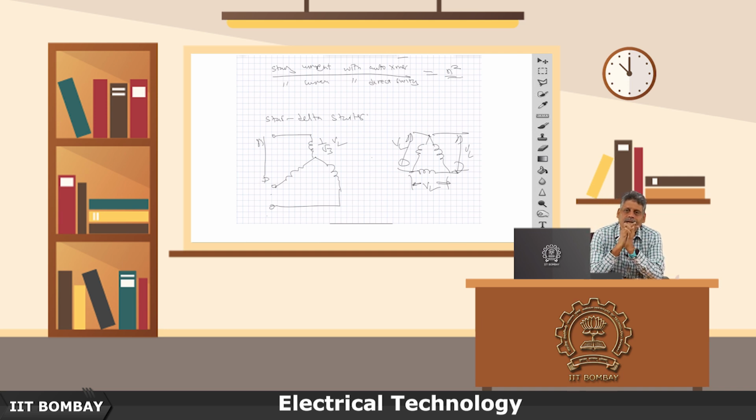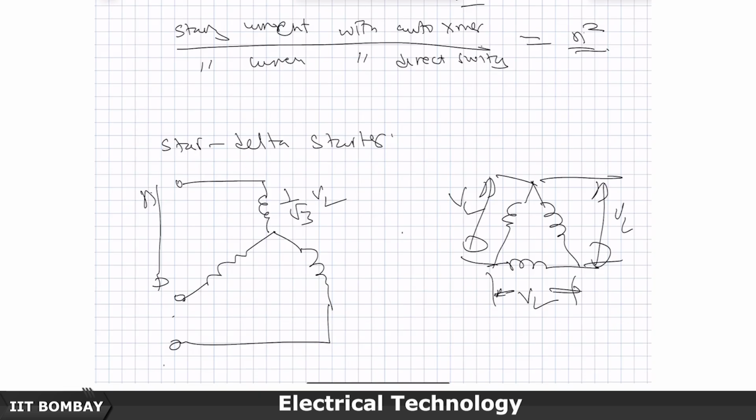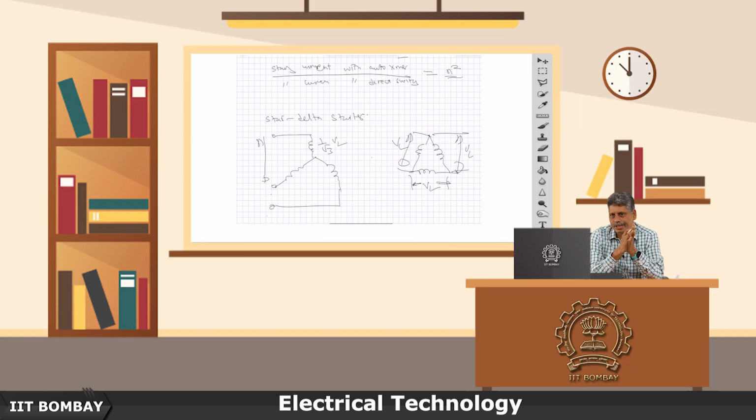So you can bring the starting current and starting torque down to 1/3 of the value if you go for a star delta starter, by first connecting these windings in star and then moving to delta configuration. So you do not need an extra auto transformer.